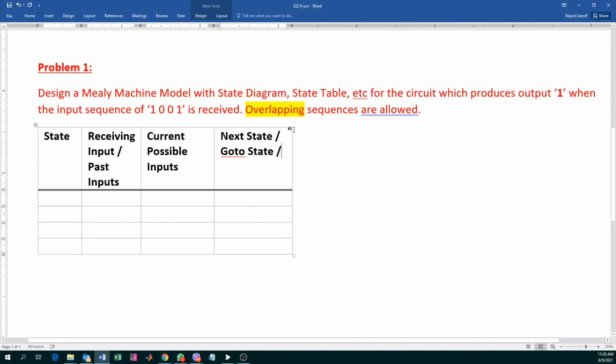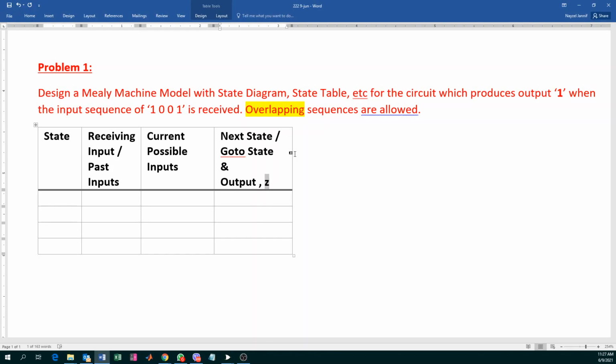And maybe I'll put a column over here together with go to state, and then I'm going to say output.